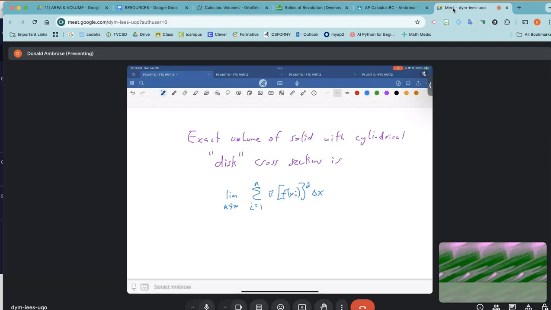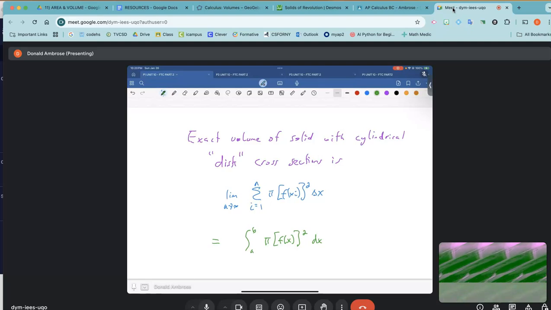But we typically don't work with this notation when we go to find the volumes of these types of solids. Instead, if you recall, the limit of a sum turns into a definite integral, and for the limits of integration I'll write from x equals a to x equals b, and the integrand becomes pi times f of x, that whole thing squared, and then the delta x becomes the dx that we should see at the end of each one of our integrals.